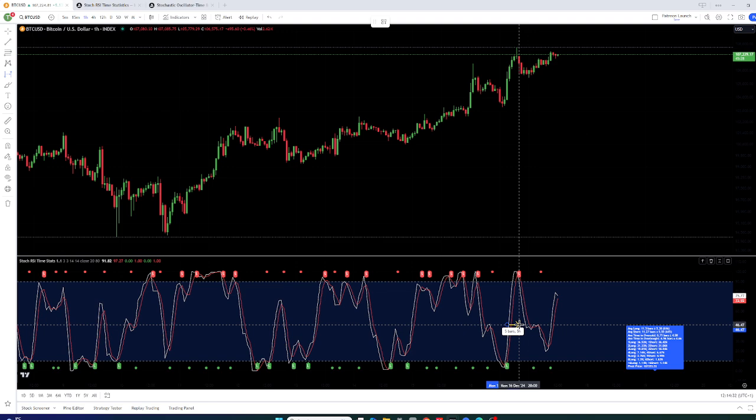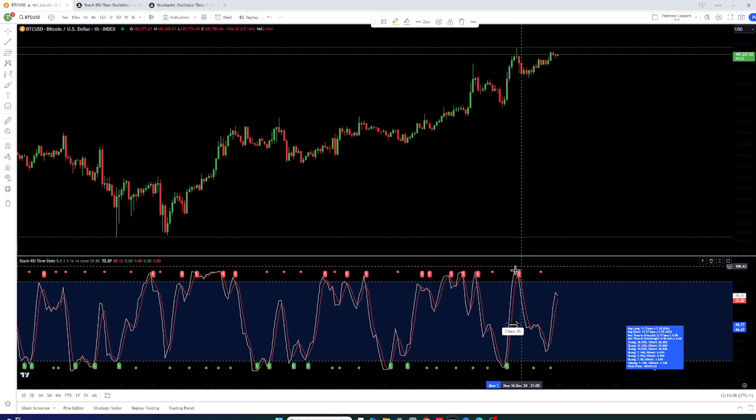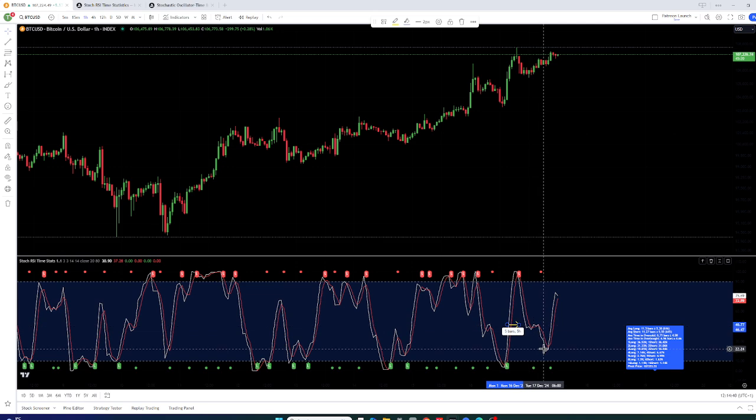That's a lot shorter than normal. On average, it's 11 bars. Was only one short signal that printed here before it started making its way down, but we can see it's flip-flopping around here in the neutral zone. So very difficult to tell which way it's going to go from here.